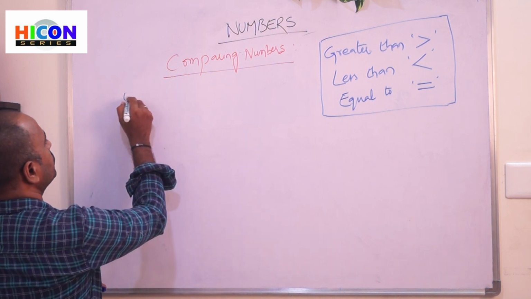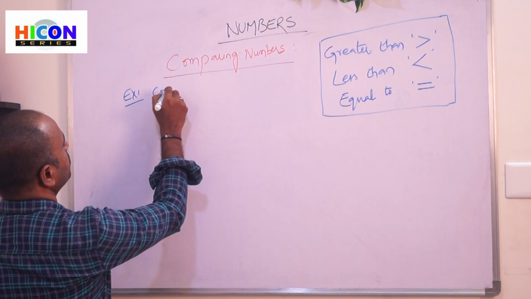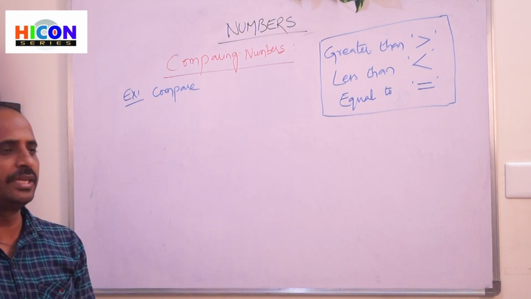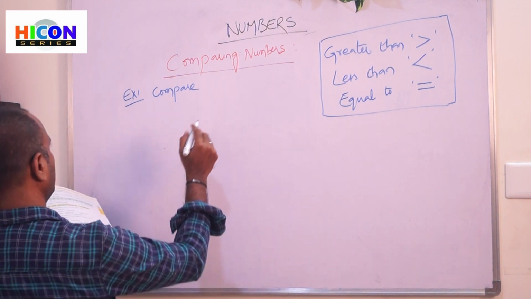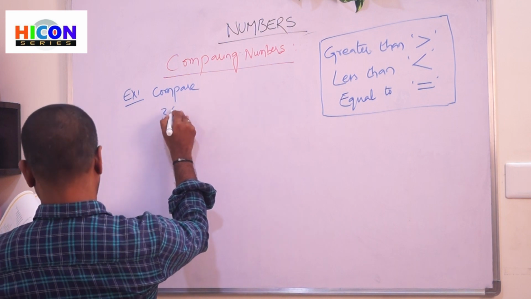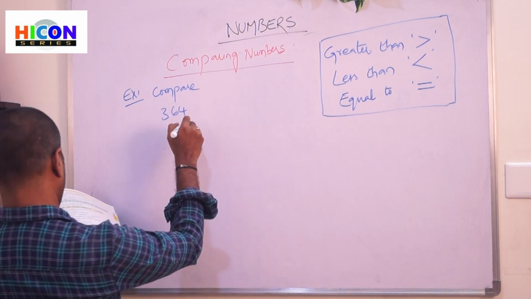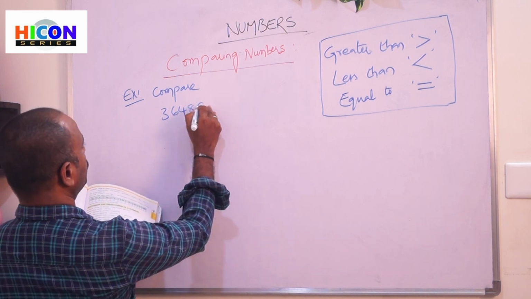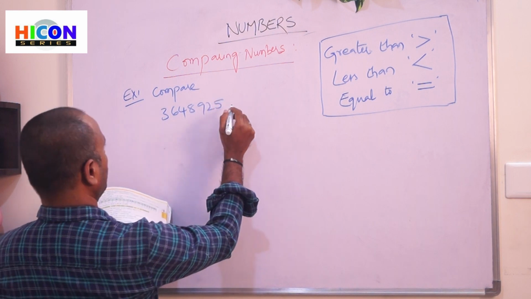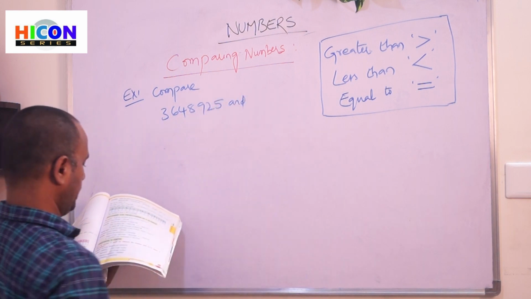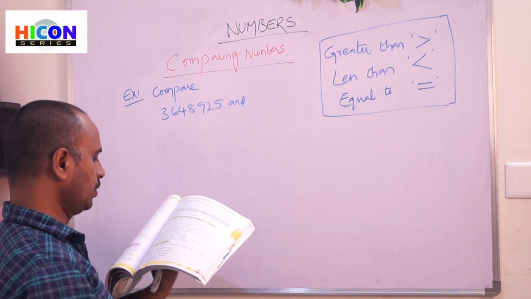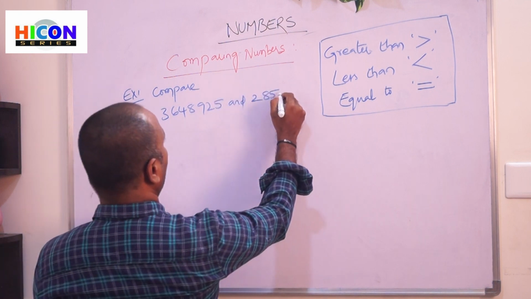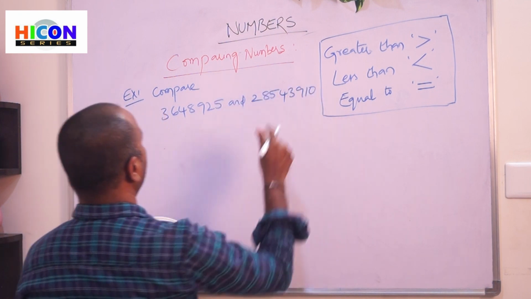Compare 3 crores 64 lakh 36 thousand 48,925 and 2 crores 85 lakh 43,910.